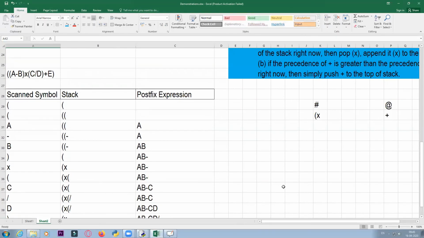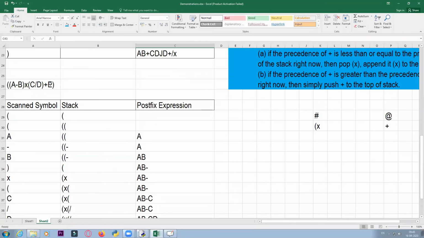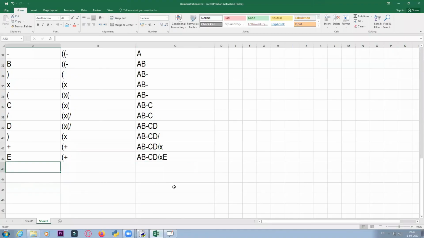After this we have E. So our stack remains as it is. We will simply add E over here. After E, a closing bracket. Whatever is there on the stack, we are going to pop it because this is the last bracket. There are no more brackets on the stack. And finally, we will be appending plus.